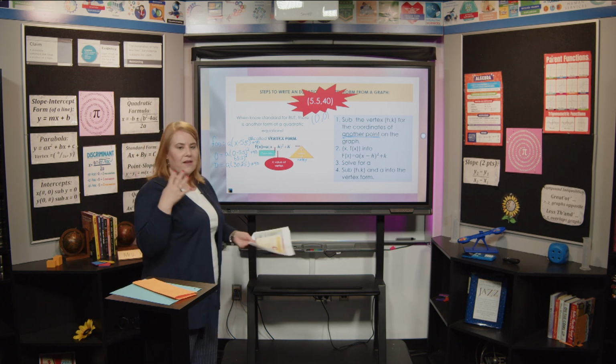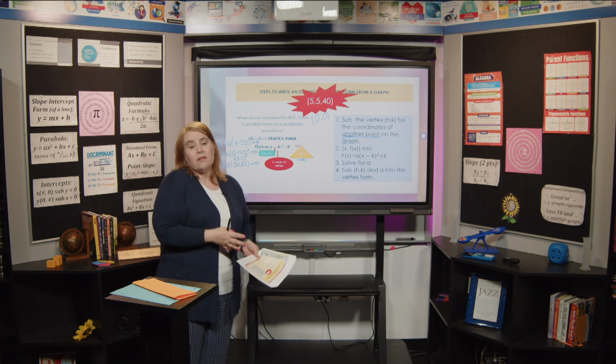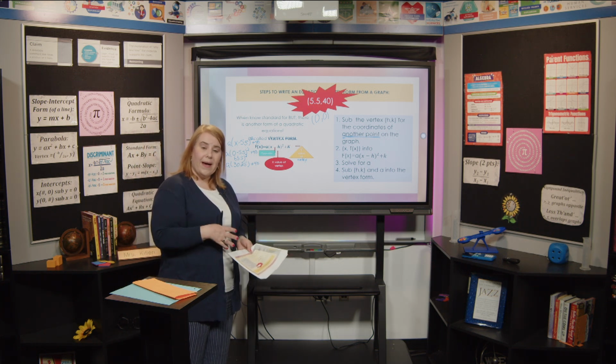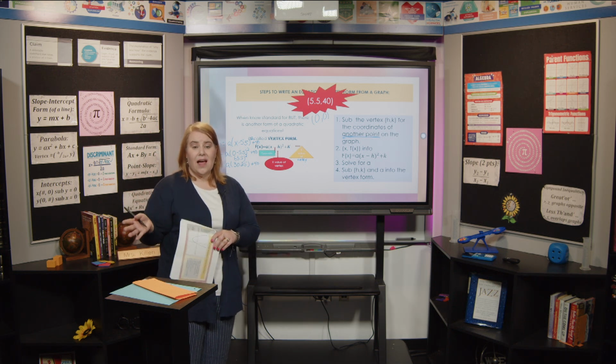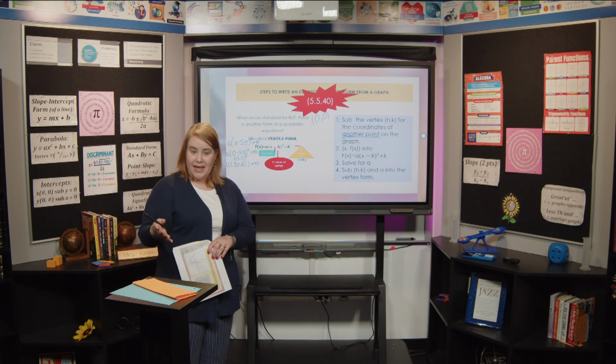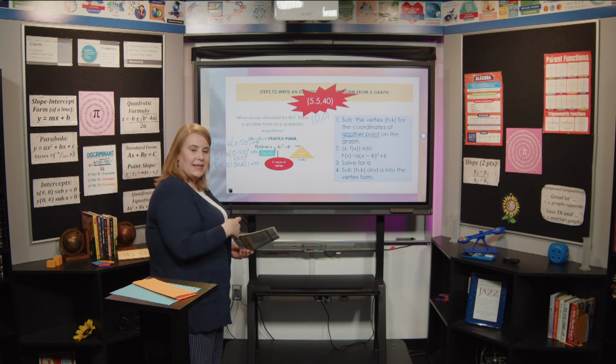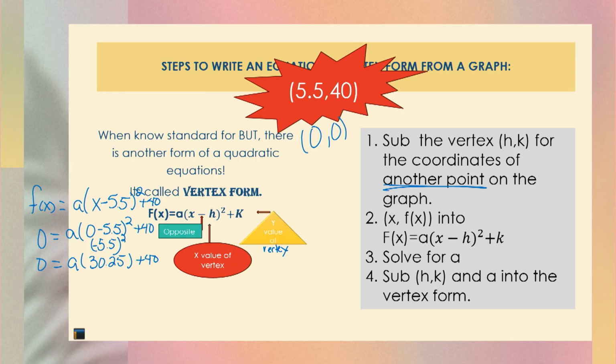Like we have done ever since we've started using our letters, we have to get that variable by itself, meaning everything is done with the opposite operation, and then we're going to get a by itself. So let's see. I'm going to subtract 40 on both sides. So negative 40 equals a times 30.25. To get that a by itself, I am going to divide by 30.25 on both sides.